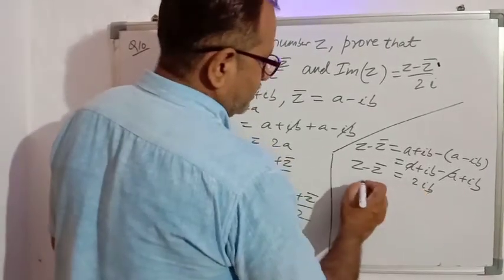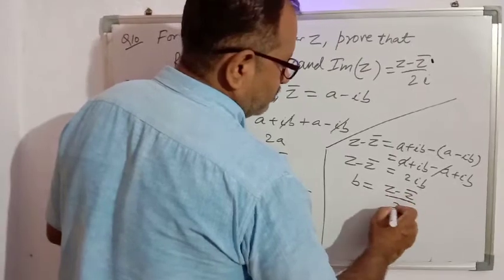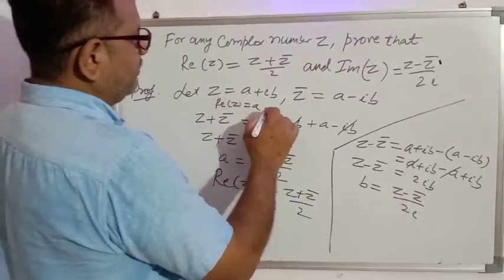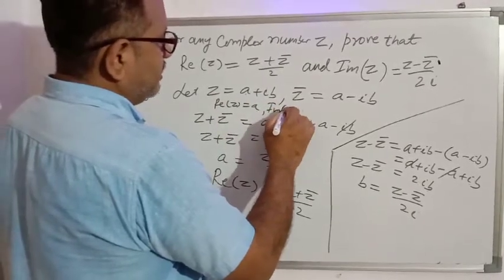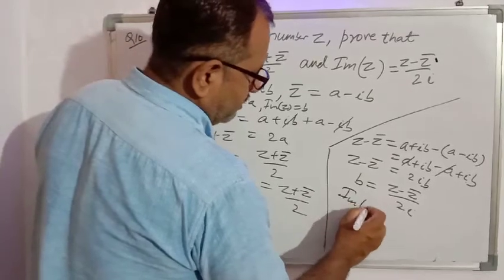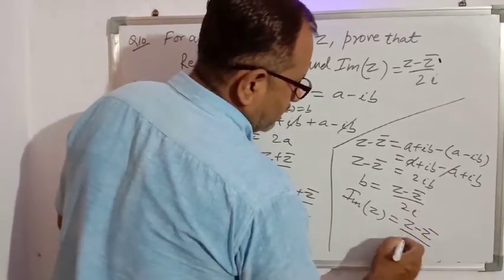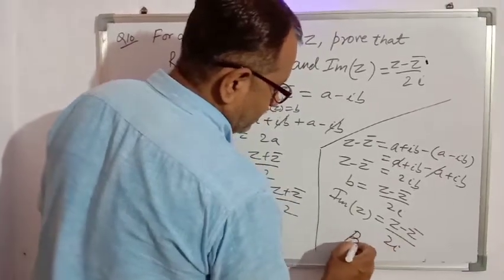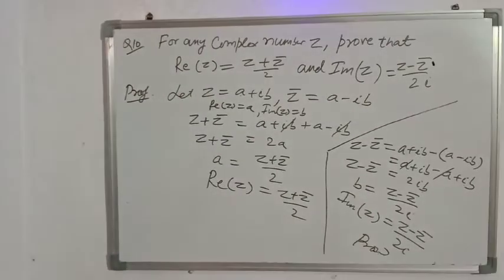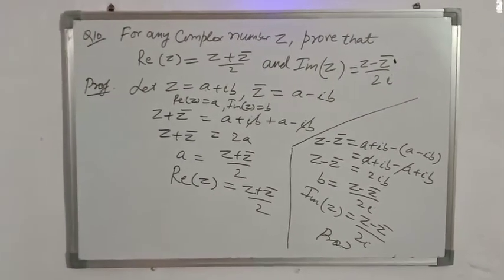So b will be equal to z minus z bar upon 2i. And b is the imaginary part of z. So imaginary part of z is equal to z minus z bar upon 2i. So both parts are proved. It was question number 10. We will see some more questions.